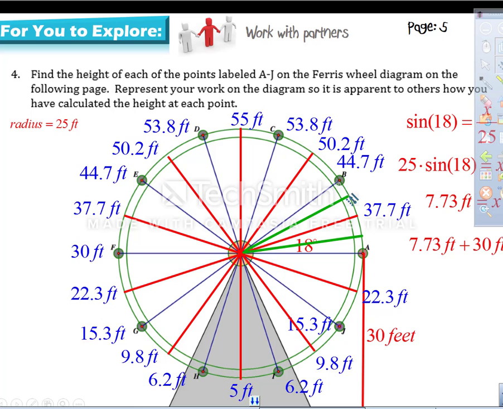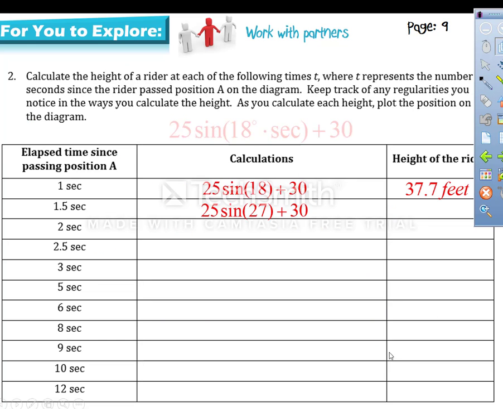So that would be a half second, this would be a half a second. So how much are each of those half seconds? So if this is 18, that means that this is 9, this is 9, this is 9, this is 9. Right, so a second and a half would be 9 times 3, so that's 27. So you could either do it that way, or you could just do it like this.